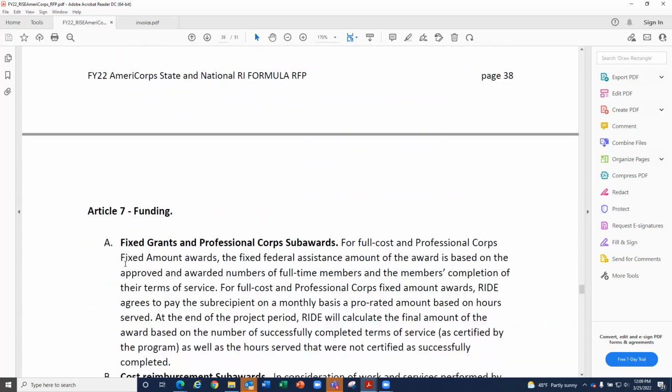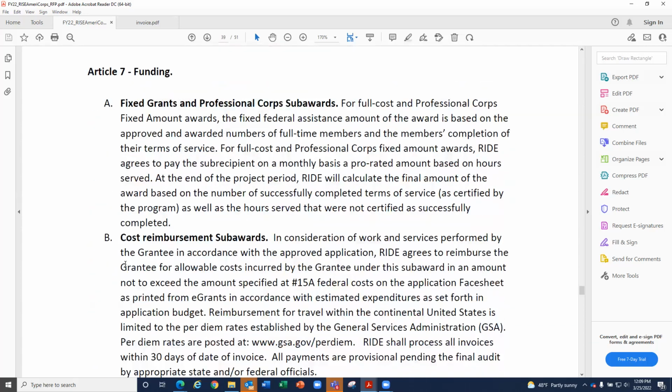I want to highlight that it does talk about how payment is made for fixed grants versus cost reimbursement grants, which are the two different types that you may be applying for.